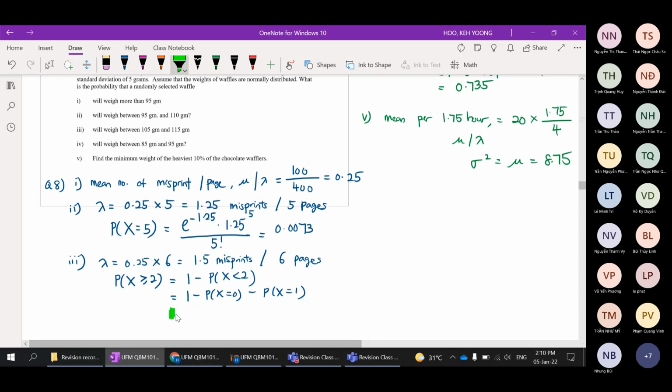So 1 minus 0.2231, minus 0.3347. So the answer is 0.4422.